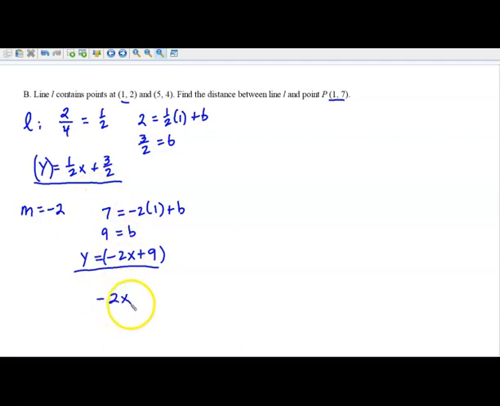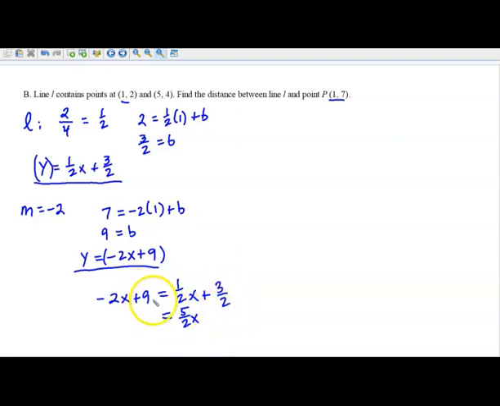So here is substitution. -2x plus 9 equals 1/2 x plus 3/2. All right, and you can think of -2 as -4/2. We're going to add 4/2 to both sides. That would make 5/2 x. And then I'm going to subtract 3/2.